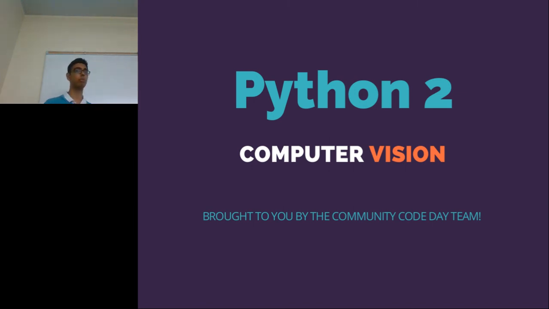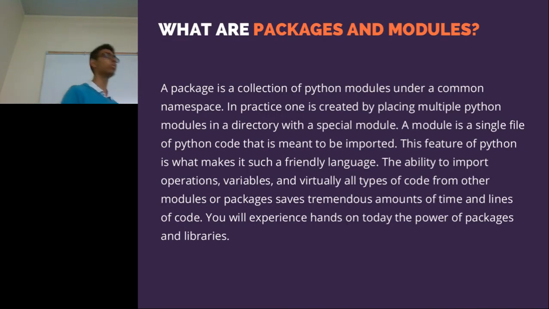Before we do all of that, I'd like to go over a few things in Python. We discussed some of this last time, but I'm just going to review it. What we're going to do today is use a library. It's called OpenCV, which stands for Open Source Computer Vision. A library is essentially a package of code already written for you.